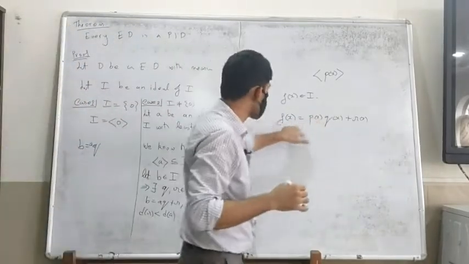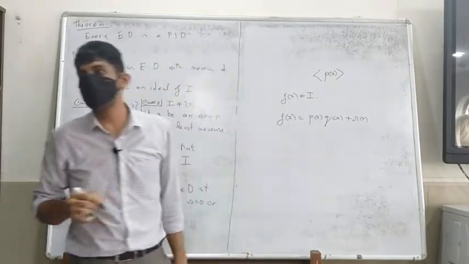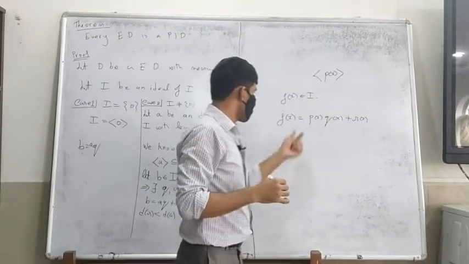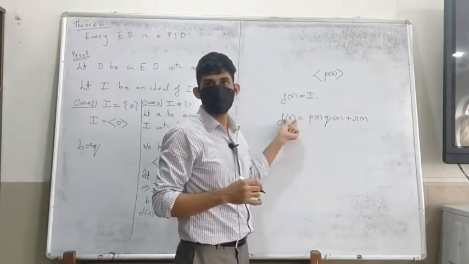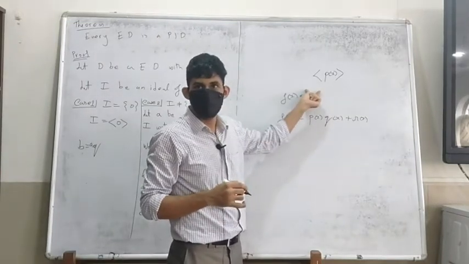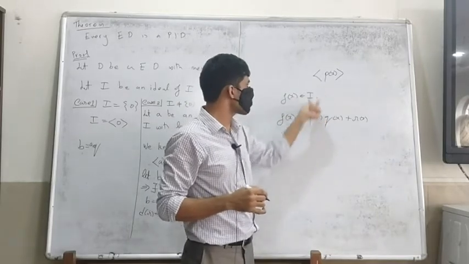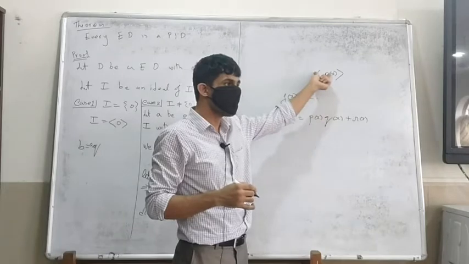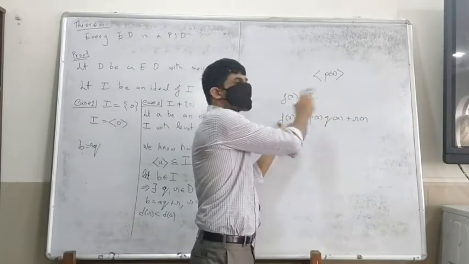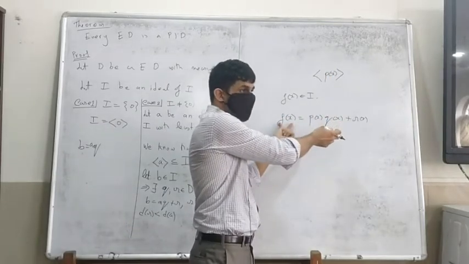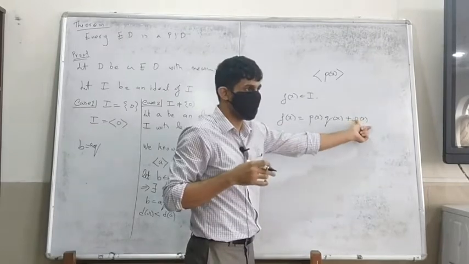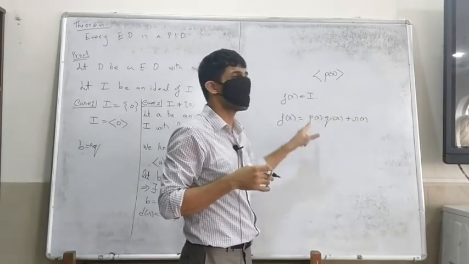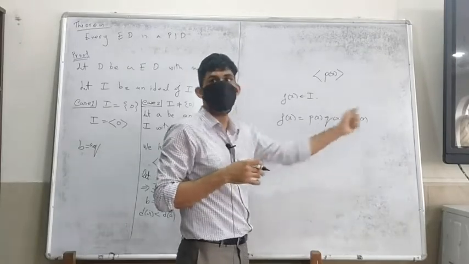You take this on the other side. Both f of x and p of x are in I, so p of x times q of x is in I. Therefore f of x minus p of x times q of x is in I, so r of x is in I. Now it's a contradiction, because the degree of r cannot be less than the degree of p. So r has to be 0.